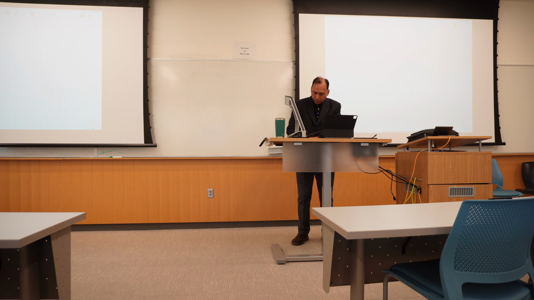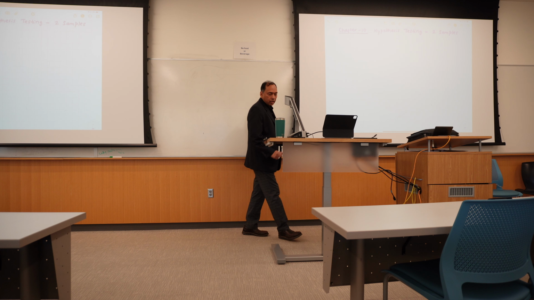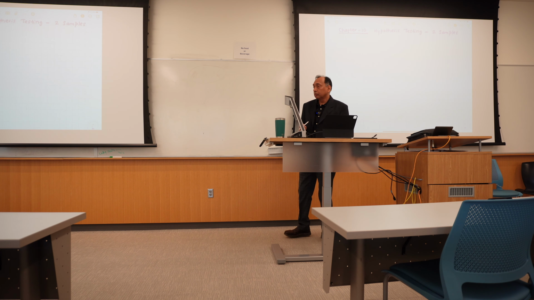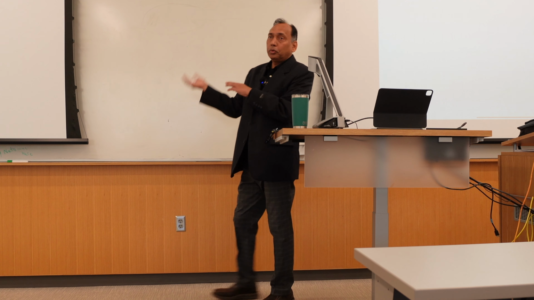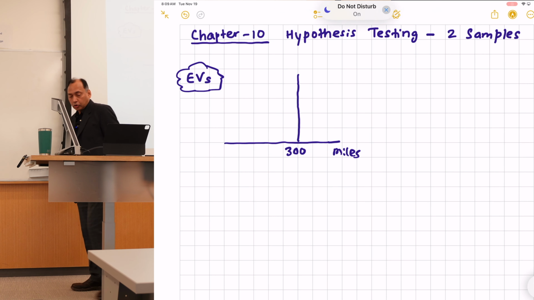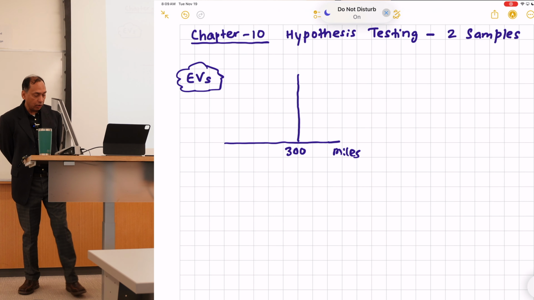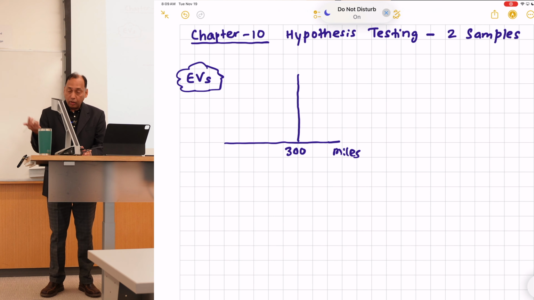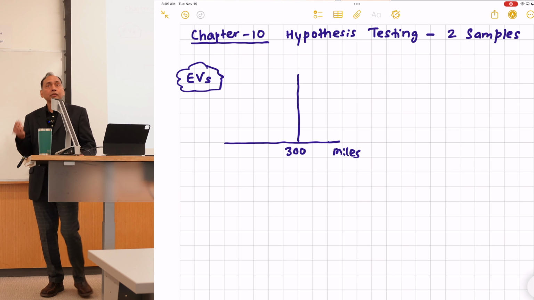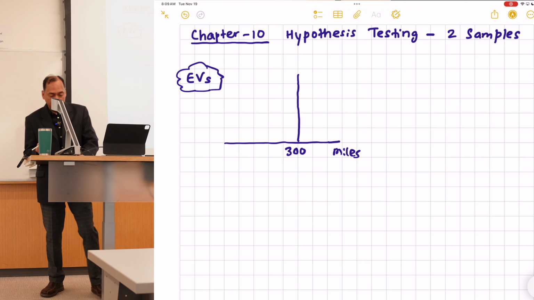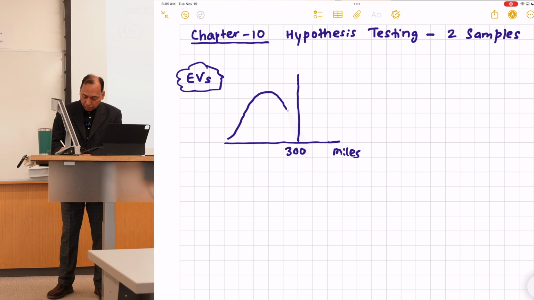We'll get started with chapter number 10, where we extend the idea of hypothesis testing from one sample to two samples. So if you're collecting some data on EVs, how many miles they can go on a single charge, and if a company advertises that it's about 300 miles, you collect a sample and it may look like this.